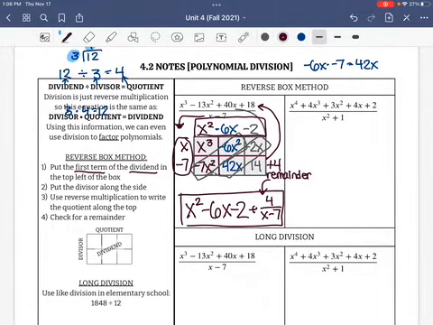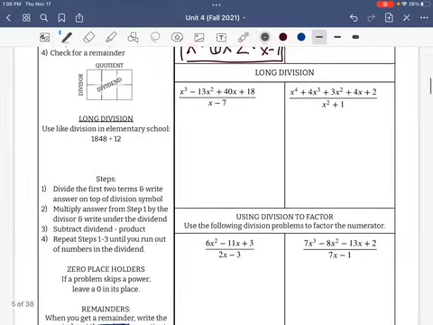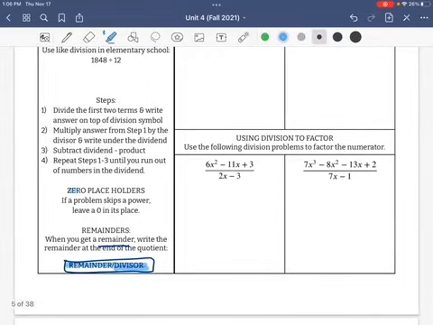Let's try one more because it honestly makes more sense the second time around. I'm going to go ahead and draw my box. And I'm going to put x squared plus 0x plus 1 because you need to put a 0 placeholder, meaning if a problem skips a power, you leave a 0 in its place.